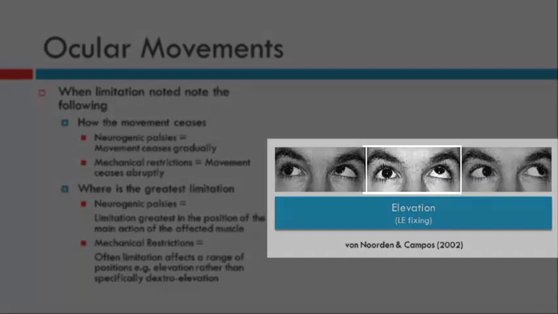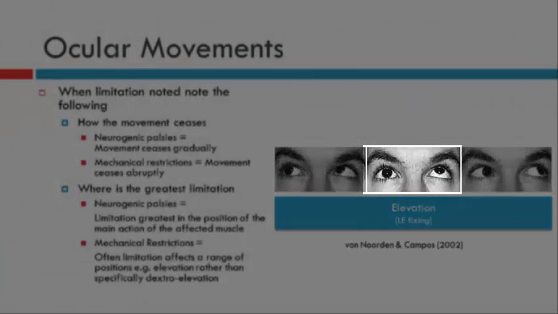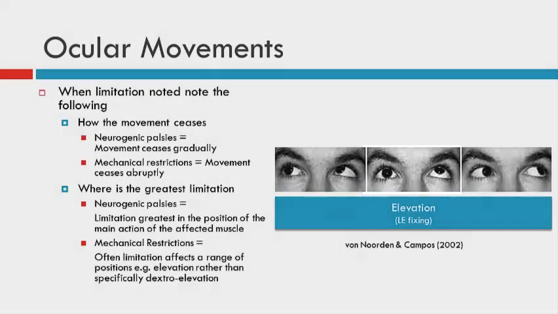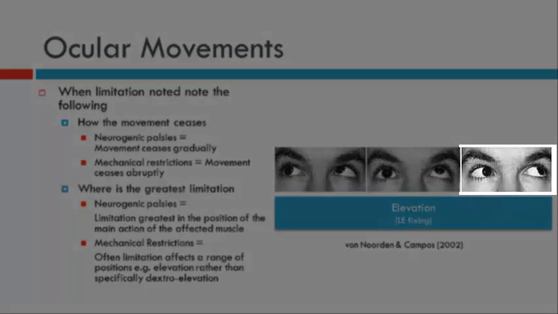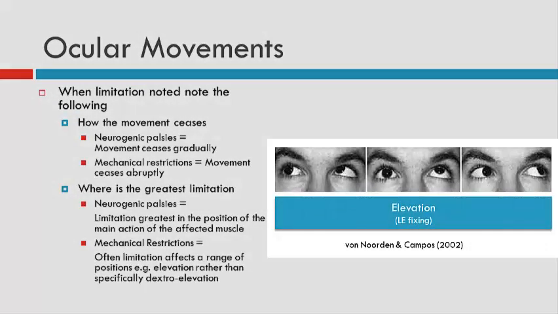And if we look at prime position, they're fixing with the left eye, and what we can see is that the right eye is not elevating or is limited in its elevation. In dextro elevation, we have the same problem where the right eye is limited in its elevation. And then again, if we look into levo elevation, we have the right eye limited in elevation.